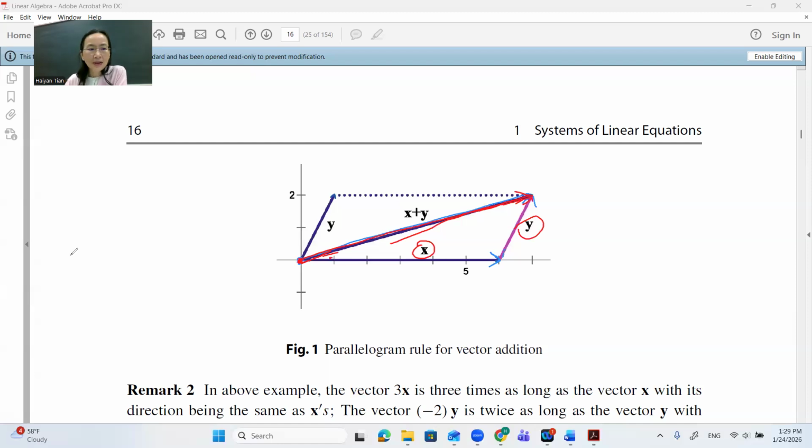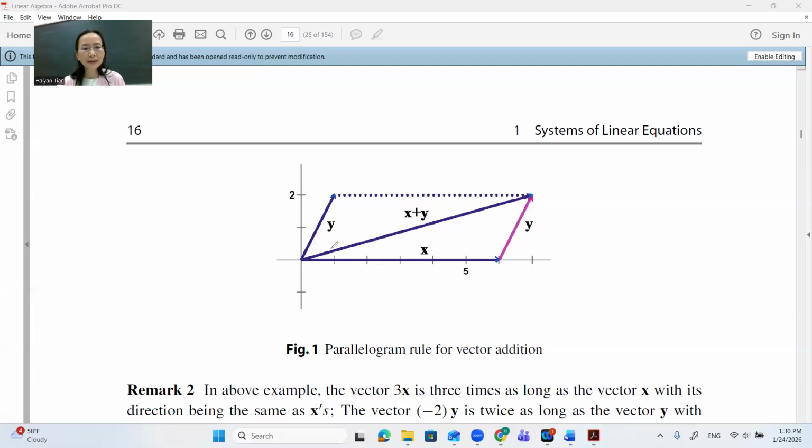And it is also a diagonal of the parallelogram. If you form a parallelogram using the two vectors, x and y, then you can discover the diagonal. That is the geometric meaning of sum.